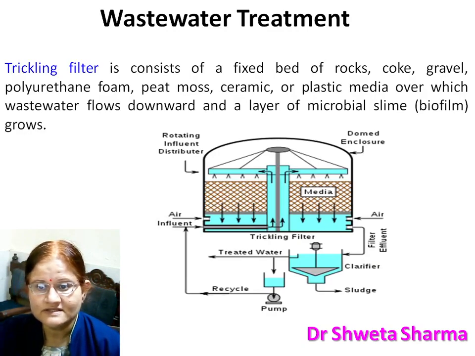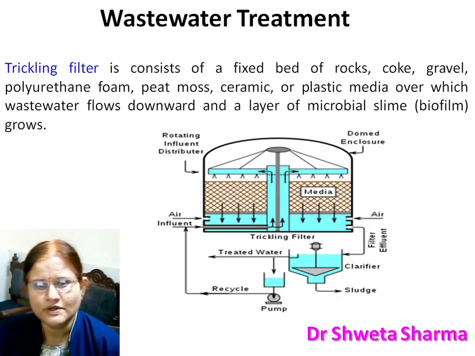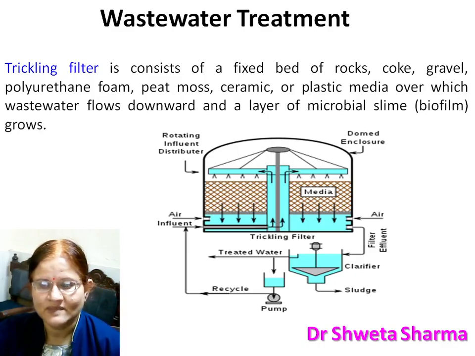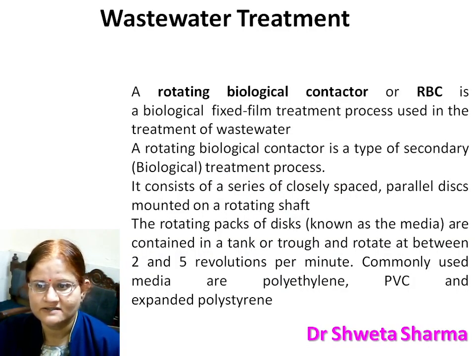The trickling filters are basically a fixed bed made up of peat moss, ceramics, coke, gravel, or polyurethane foams. In this, we use microbial slime or biofilm for the treatment of wastewater. Besides this, we can use rotating biological contactors or RBCs.